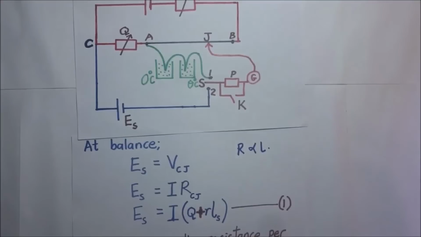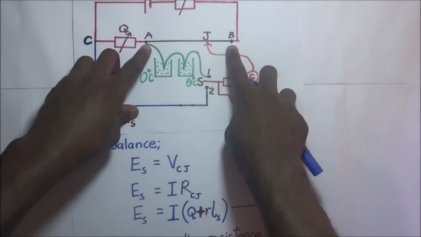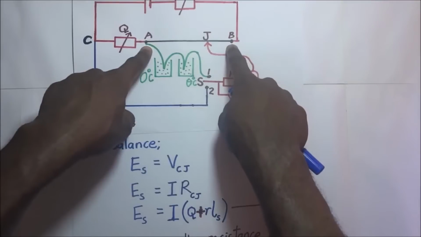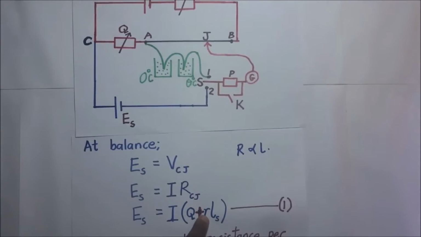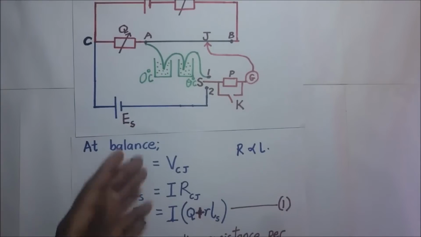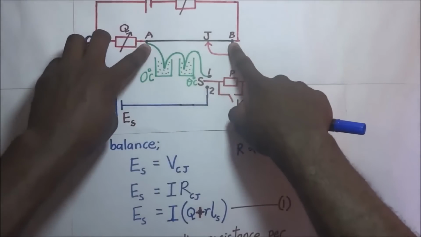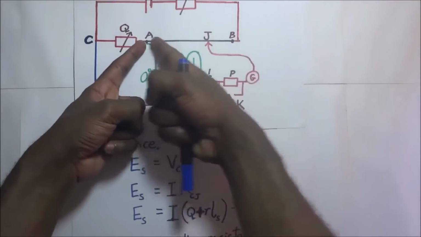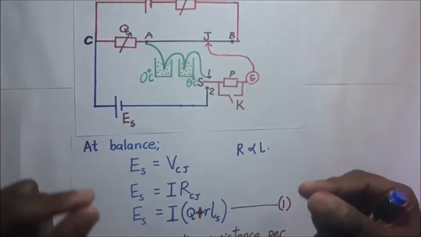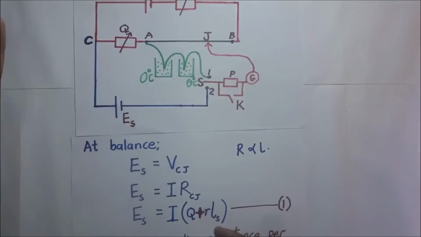So if you have a wire of, let's say, 10 centimeters, and you know the entire resistance of the wire is 10 ohms, to find the value of R, which is the resistance per centimeter, you divide the 10 ohms by the 10 centimeters, and so it will be 1 ohm per centimeter. So that's how we get the resistance per centimeter. We simply take the resistance of the whole wire and divide it by the entire length of the wire to get the resistance per centimeter, or the resistance per unit length.